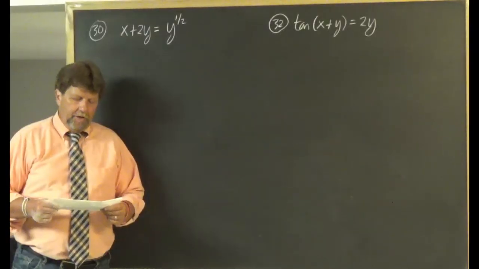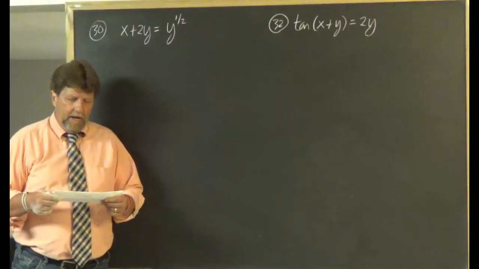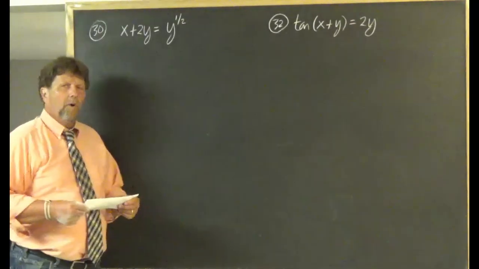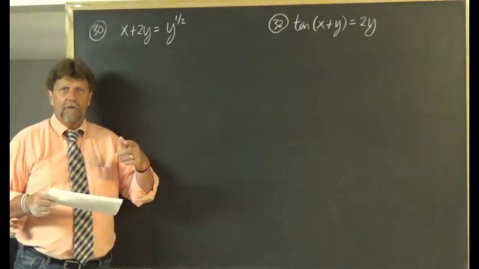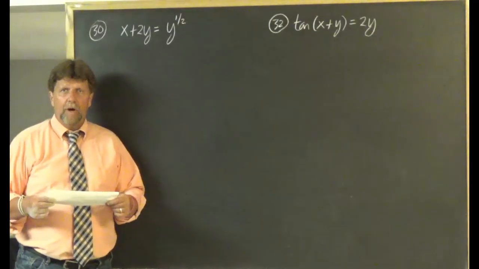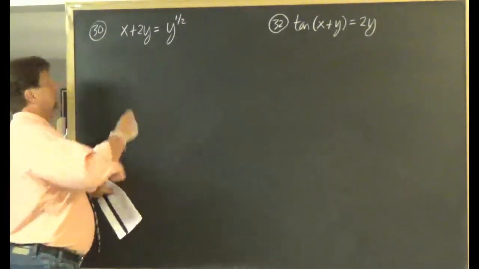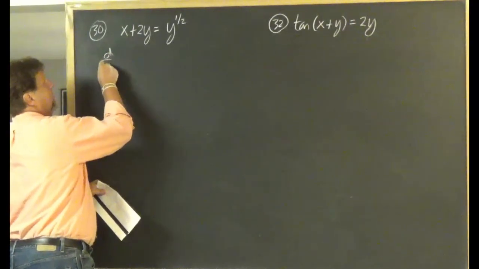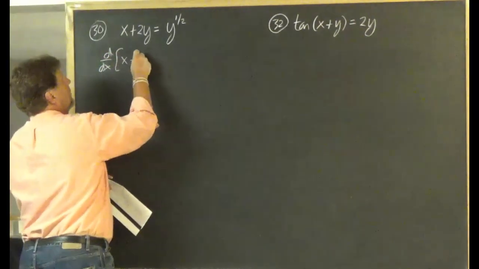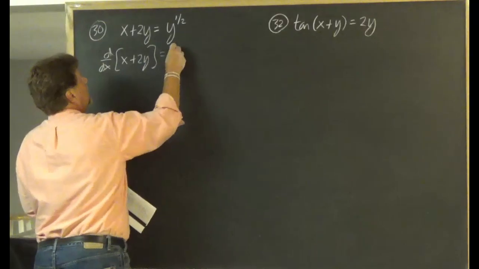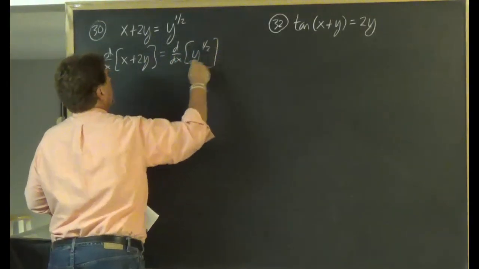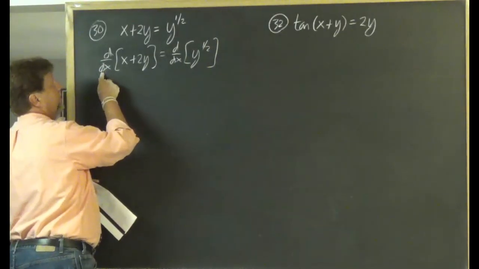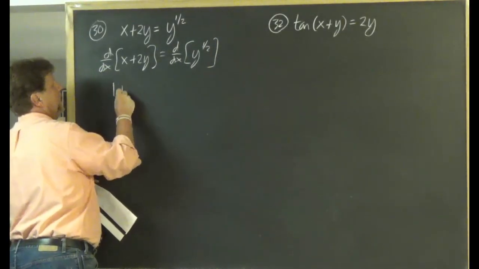All right, folks, number 30, you're supposed to get dy/dx for x plus 2y equals the square root of y. I went ahead and did the first step of rewriting square root y as y to the 1/2. So we d/dx both sides. The derivative with respect to x of x is 1.